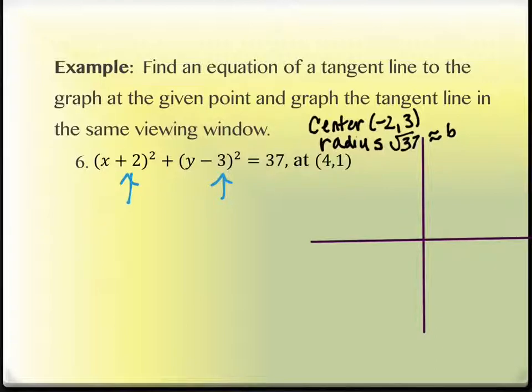It's about 6. So in terms of graphing, we're going to graph the center at -2, 3. And we're going to go out about 6 in all directions, in particular in the directions left, right, up, and down from there. It is a sketch, so the fact that it's not exactly 6 is actually really not a big deal at all.